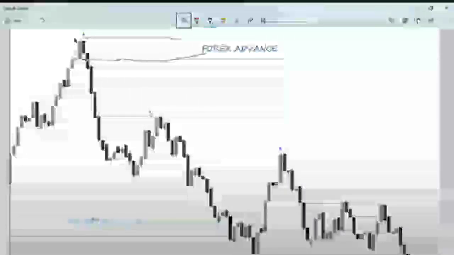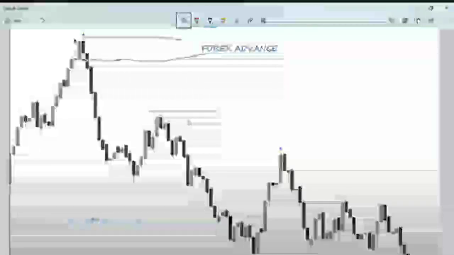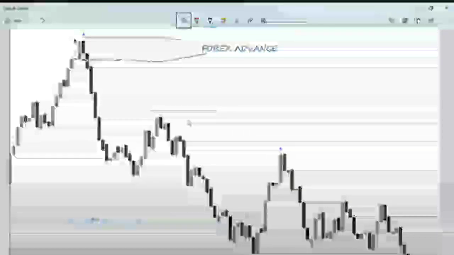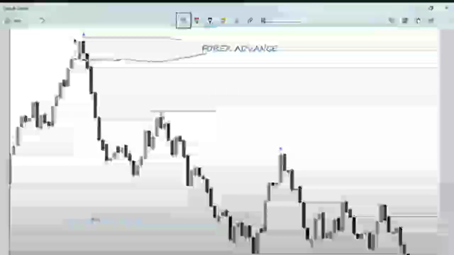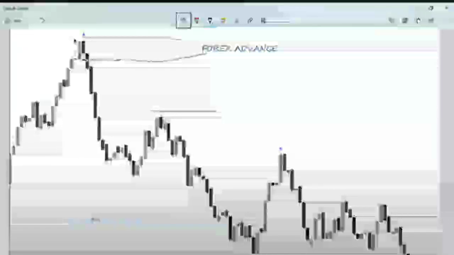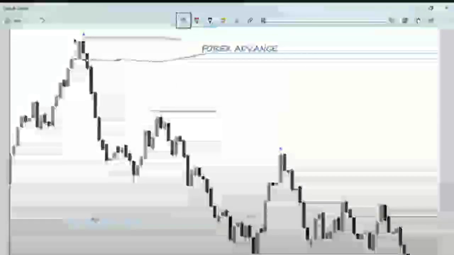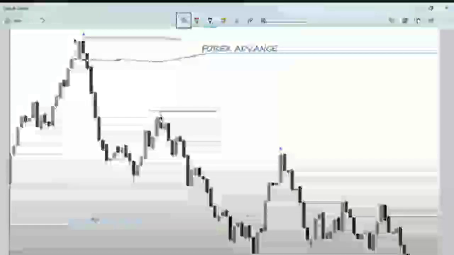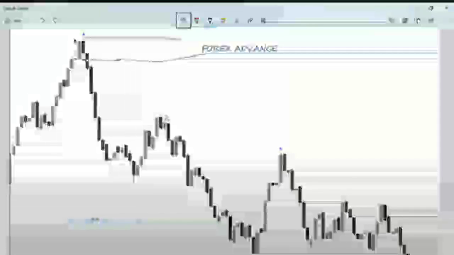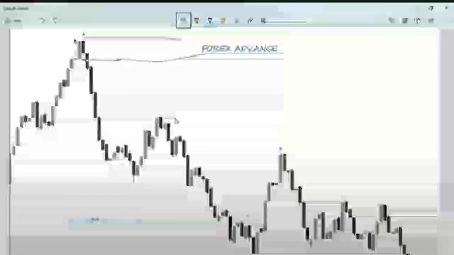The next point is this one, from where the market has taken a pullback and gained momentum. If we consider this candle as our last buying candle before the drop and mark it, we will notice that this candle and this candle have no imbalance here. So we will ignore this candle and move forward towards this small candle.